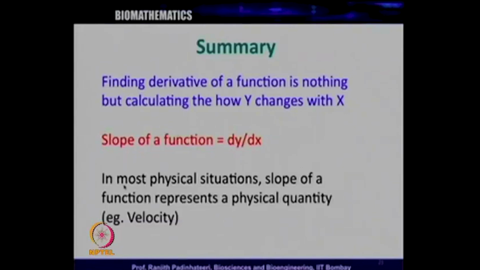In most physical situations, the slope of a function represents a physical quantity. For example, if you know the position as a function of time, the slope of it gives the velocity or the speed.